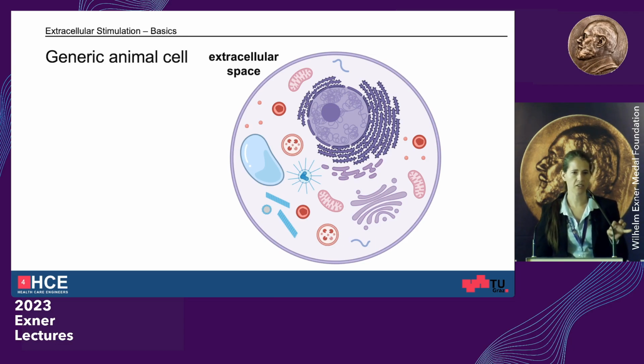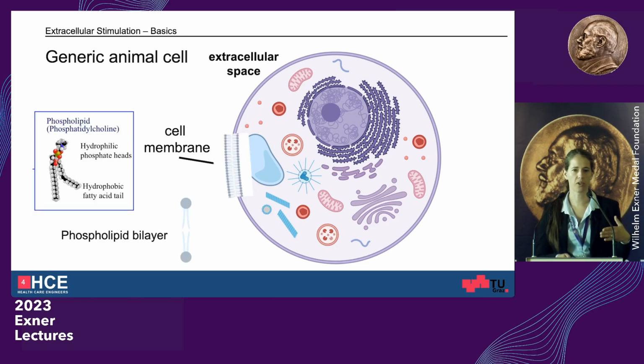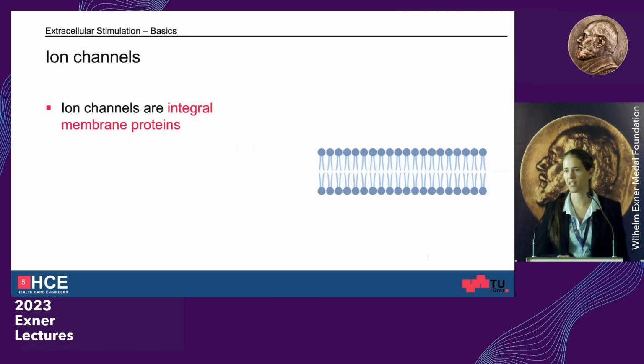So if we are looking a little closer at the cell membrane, we can see that it is actually a phospholipid bilayer. This cell membrane helps to form a barrier between the environment and the cell. But of course, the cell has to exchange a few things also with the environment. And this is actually the target of the electrophysiology.